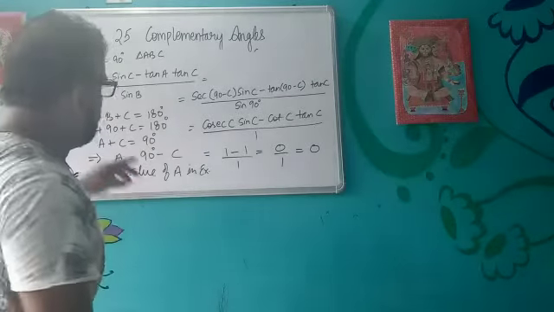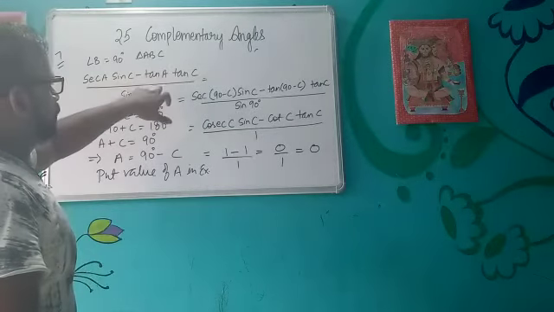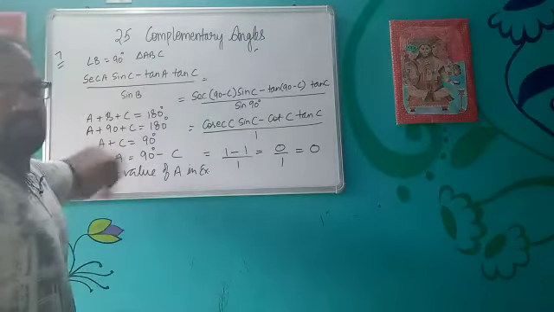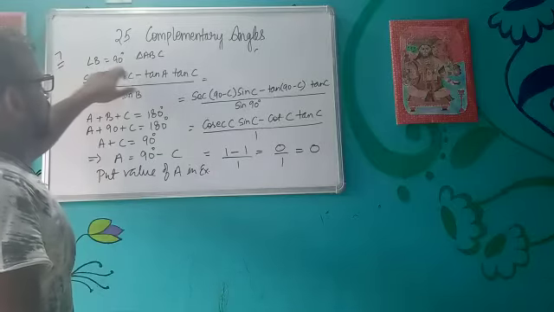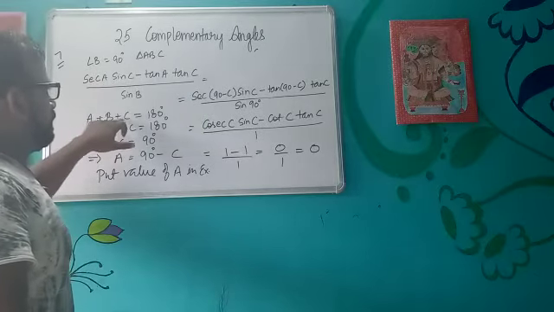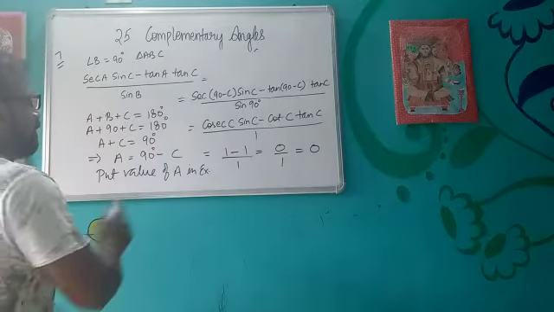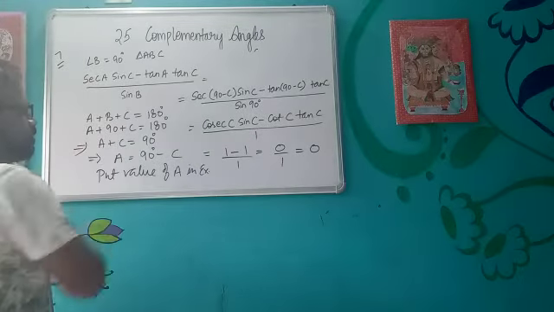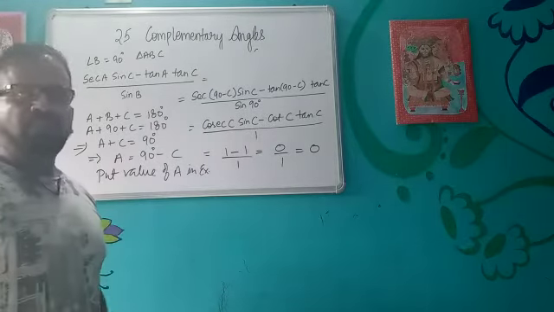Okay, so again I am repeating one more time. In questions like this, in which A, B, C are the angles of the triangle and one angle is 90 degrees, first you will calculate the sum of the two angles. When I calculated, I came to know that these two are forming a complementary angle pair.